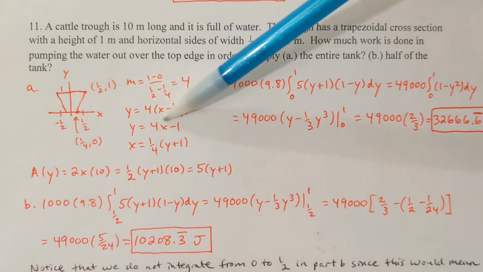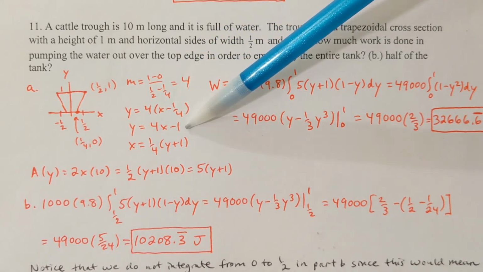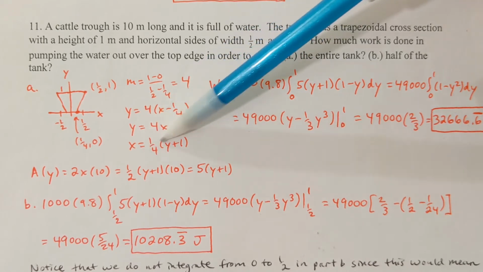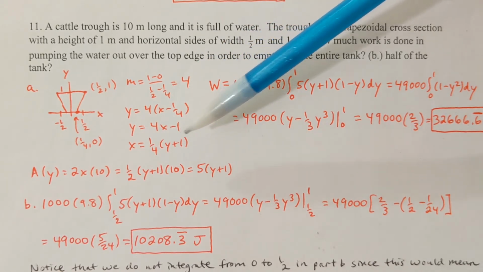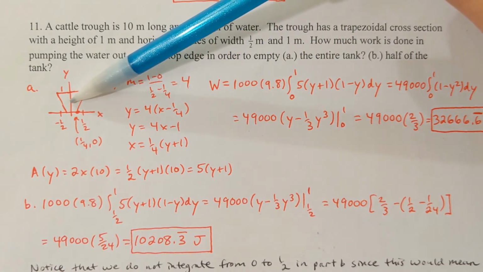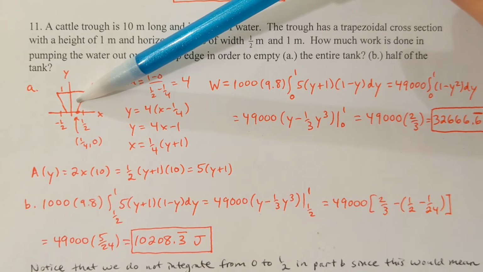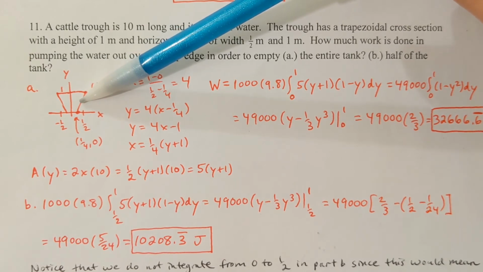The equation in slope-intercept form would be y equals 4x minus 1. So if I solve this for x, add 1 divided by 4, x is equal to 1/4 the quantity y plus 1. Now x is the distance from the y-axis to the right side of the trough.